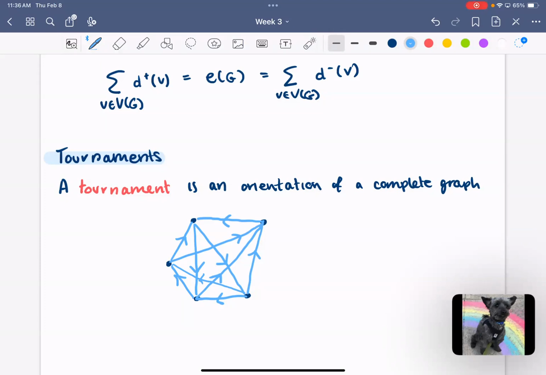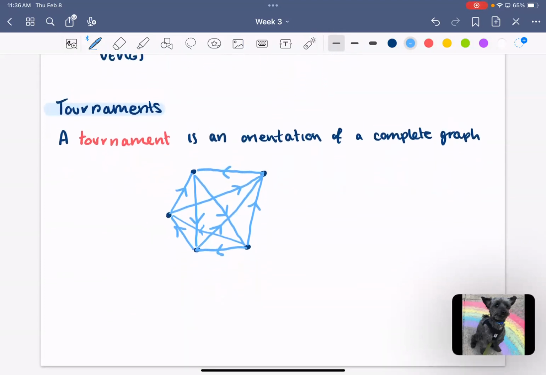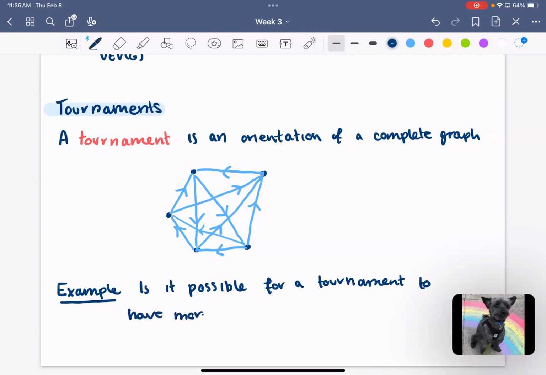So let's do an example. I'm going to ask you all a question: is it possible for a tournament to have more than one vertex with maximum in degree?